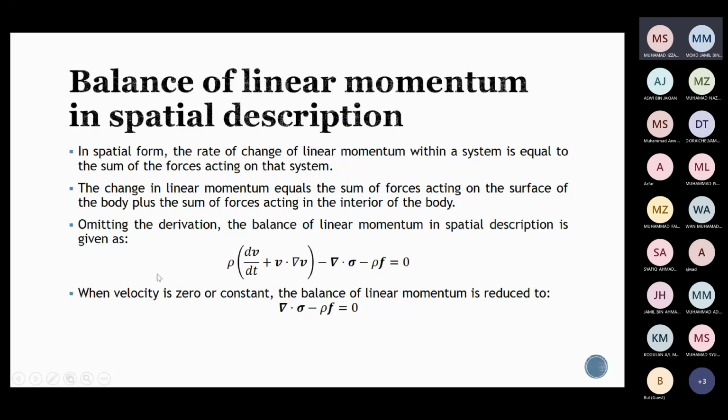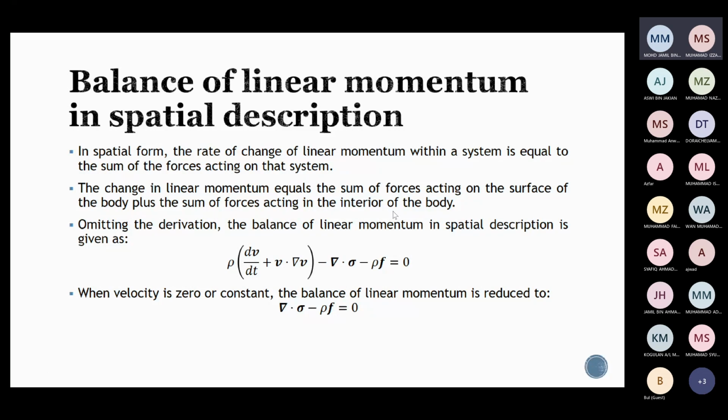So let's look at the first, balance of linear momentum in spatial description. So in spatial form, the rate of change of linear momentum within a system is equal to the sum of forces acting on that system. So the change in linear momentum equals the sum of forces acting on the surface of the body plus the sum of forces acting in the interior of the body. So you have many particles in that body.